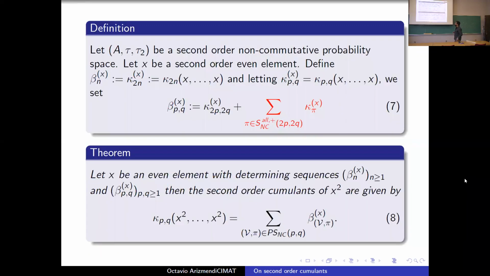So I need another definition for the second order determining sequence, where I need to add this term. Maybe it's not so important what is here, but the most important thing is that not all the combinatorics are the same if I take even elements and R-diagonal elements. But again, once we have this definition, we can prove this formula for the square.